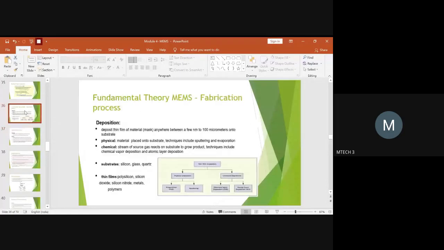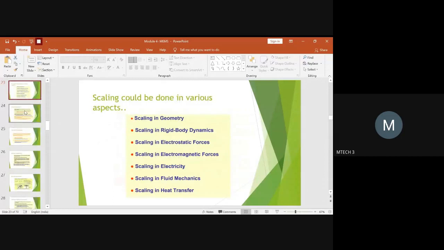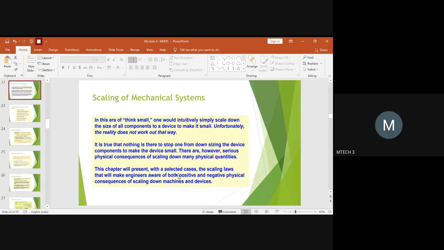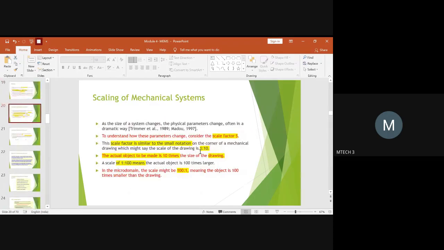This included scaling in geometry, rigid body dynamics, electrostatic forces, electromagnetic forces, scaling of electricity, scaling in fluid mechanics, as well as heat transfer. So if they ask you to figure out the significance of scaling of a mechanical system, you will just explain this information.